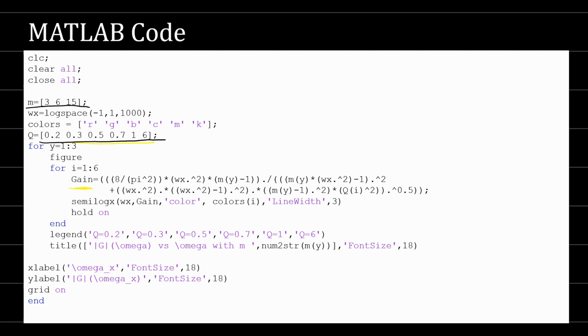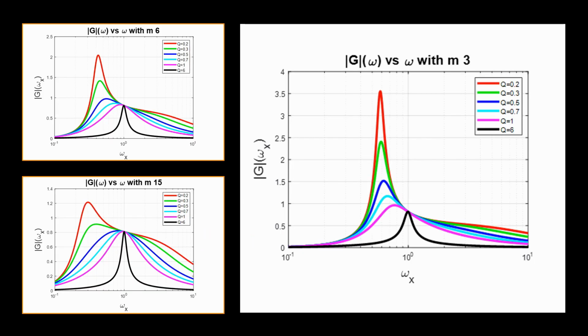Since we have these curves, we plot them and see what the maximum and minimum gain are, pick one of the curves, and decide what the value of Q and the value of M are. Accordingly, we can find the values of LR, CR, LM, and so on. So here I plot the figures. This figure is when the M value is 3, this one when M is 6, and here when M is 15.